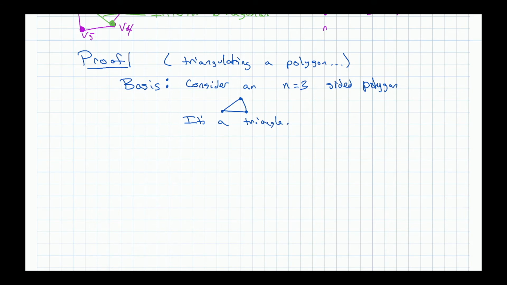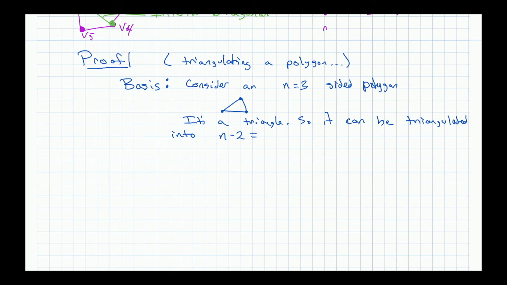Right? So it's already been triangulated. So it obviously can be triangulated into n minus 2, which is, what's n minus 2?